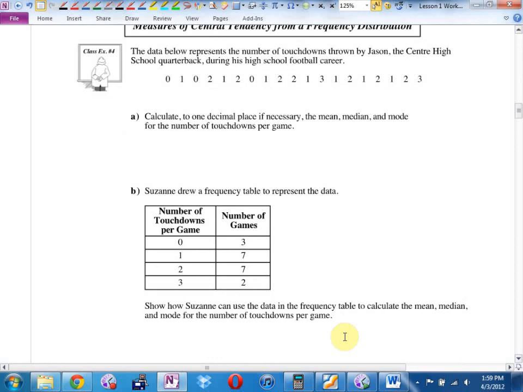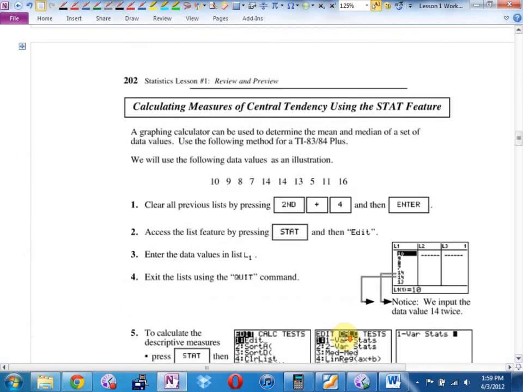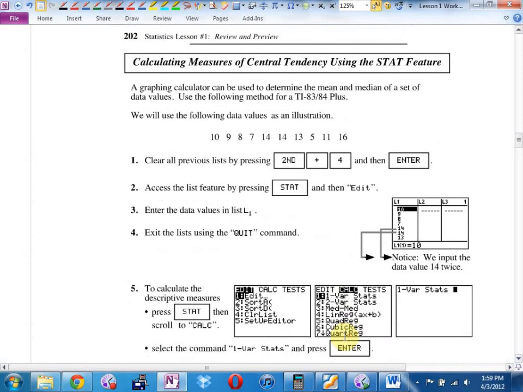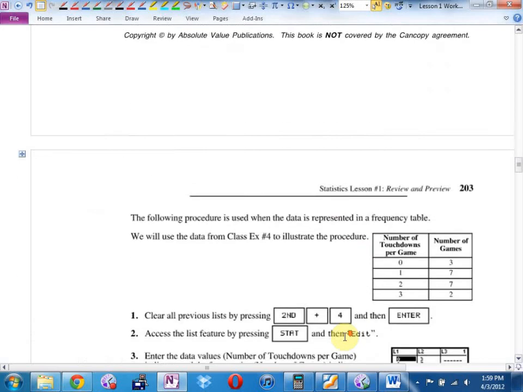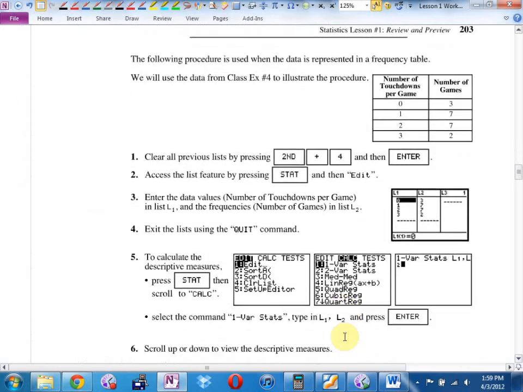Example 4, we're going to skip. Page 202 says, using a graphing calculator, using a stat feature, except they're doing this for a TI graphing calculator. So we're going to pass page 203. We're going to do page 203 just to practice.